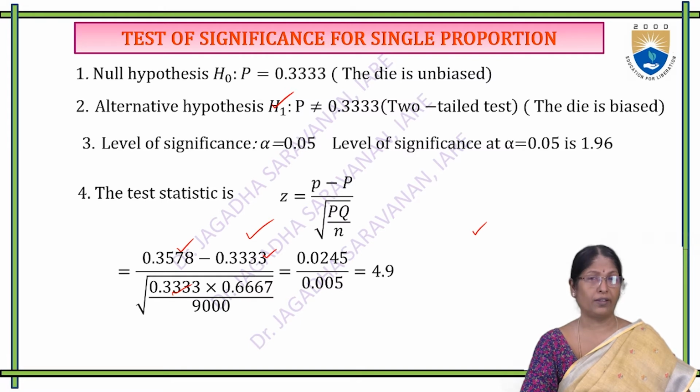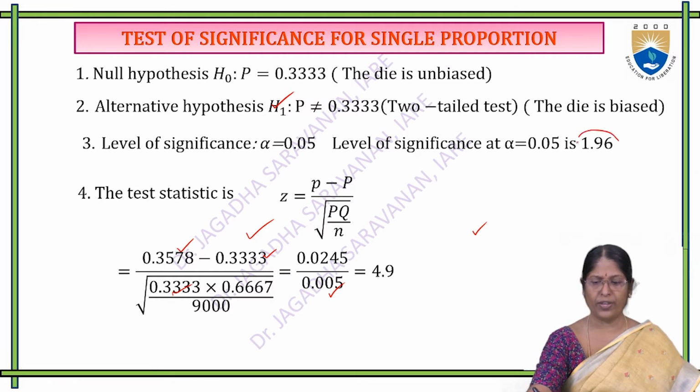What about n? Yes, the 9,000 times we are throwing that die. So after the calculation, we obtain 0.0245 divided by 0.005, which is 4.9.